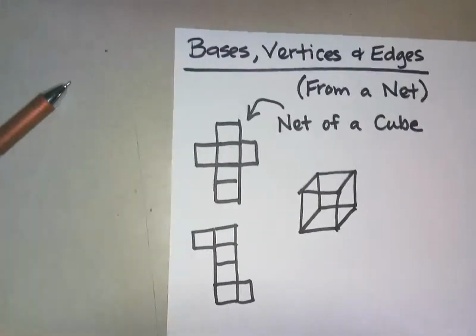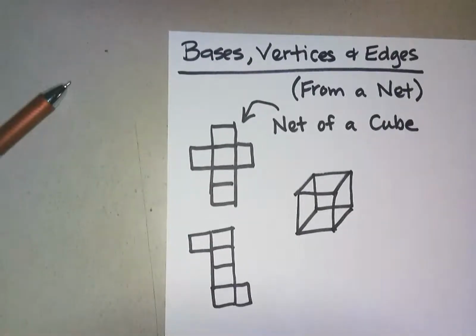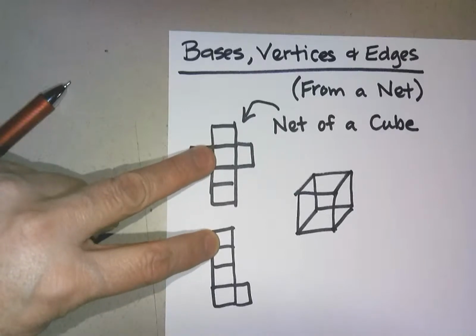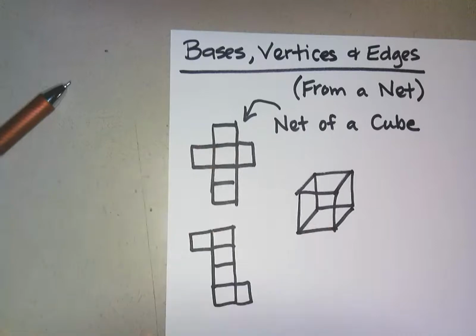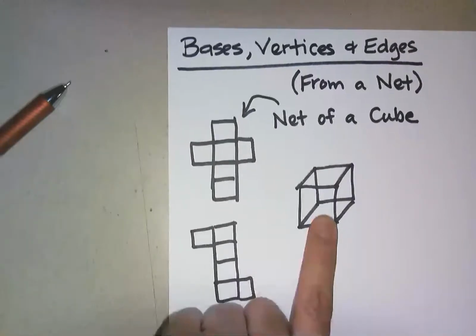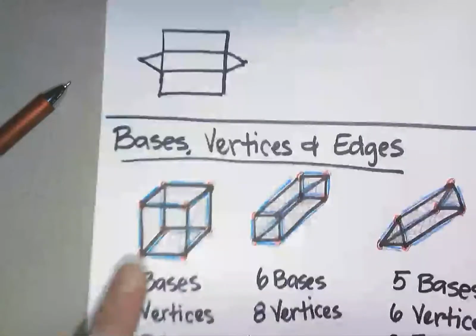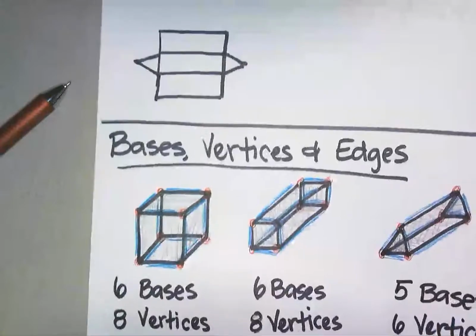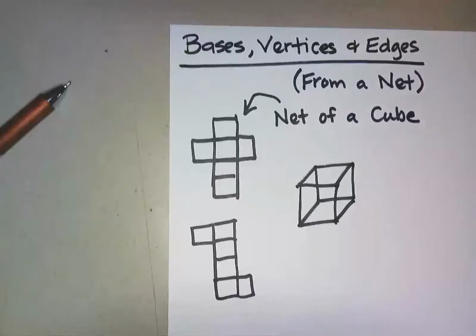You see that? So if you see a net and you recognize what 3D shape it is, please draw that shape on your sheet of paper. Now, once you get to here, it's like doing success criteria number 3 over again. It just makes life so much easier.